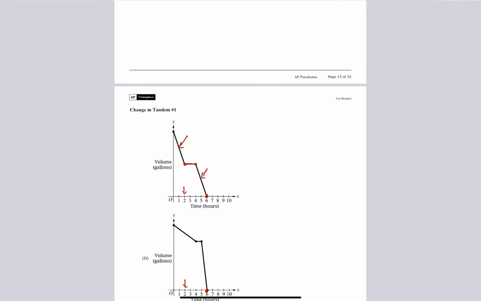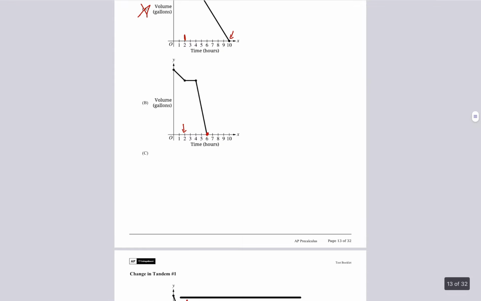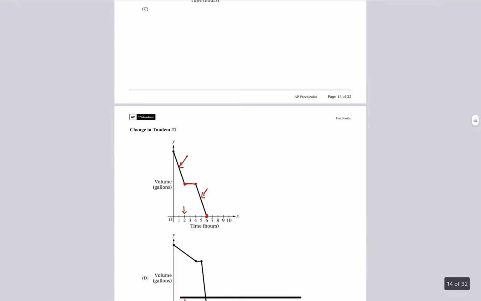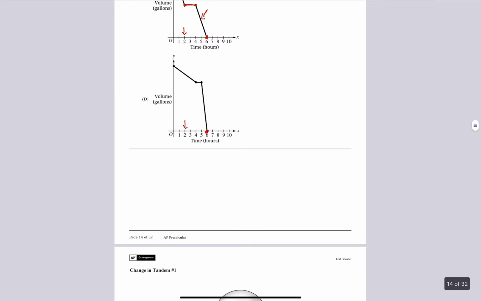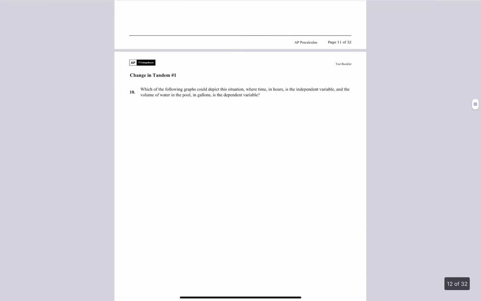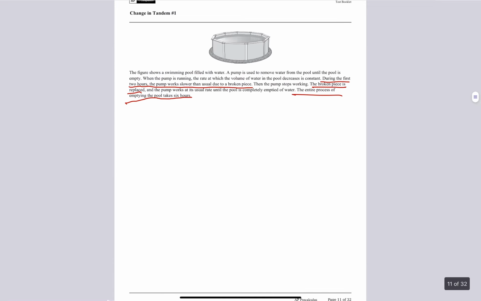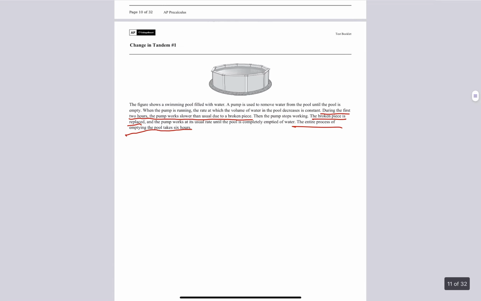So the second part should be faster, but in option C, that's definitely not the case. Now we need to decide on whether it's B or D, right?